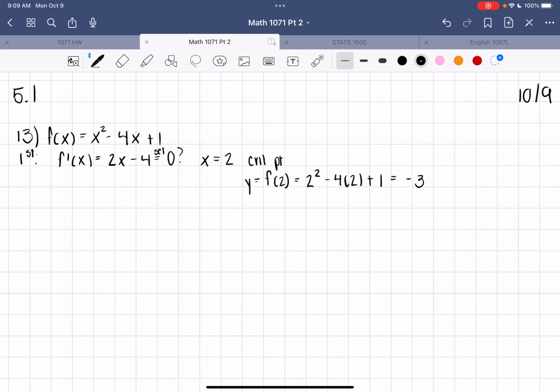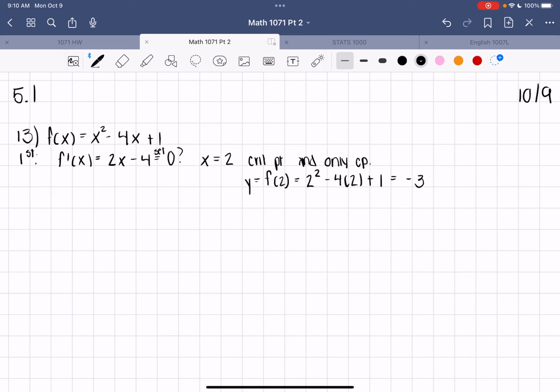Now, that is my critical point and the only critical point, one and one only. Which means that this 2 subdivides the x-axis into 2 intervals, to the right and to the left, right? If you have a piece of string and you make one cut, you get 2 pieces of string.